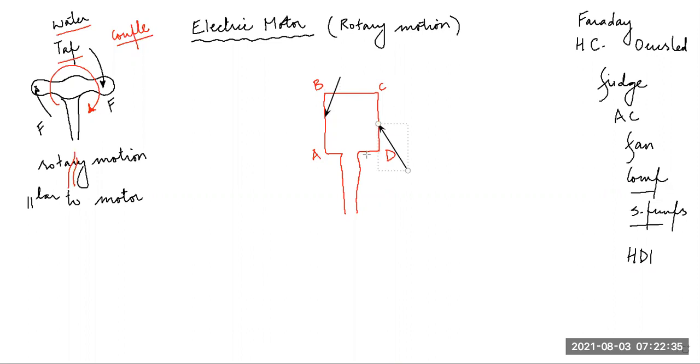It will rotate. A downward force is applied at every point on the side AB, and an upward force is applied on every point on CD. What will happen? Can any student tell? Let it rotate clockwise.